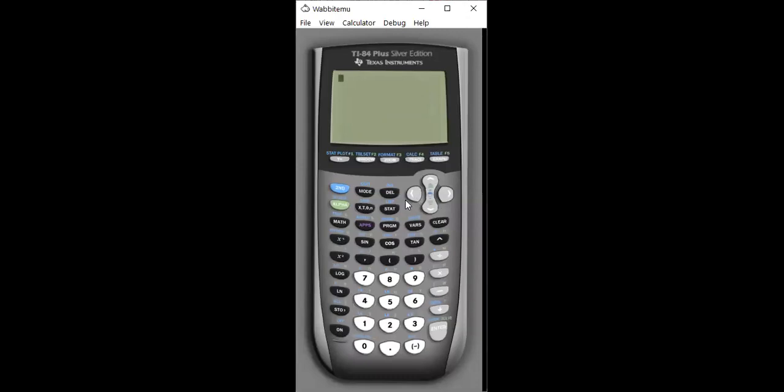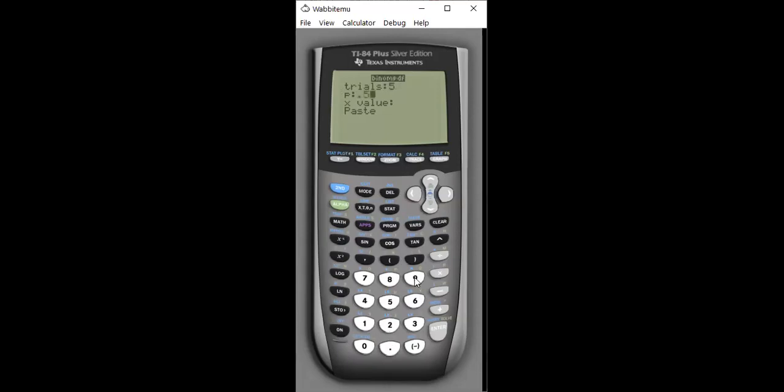The first thing you need to do is press 2nd, then DISTR, then go down to here. Did you see binomial PDF? I'm going to tell you the differences between the binomial PDF and the binomial CDF. Here we choose the binomial PDF, so you press enter. The number of trials is 5.